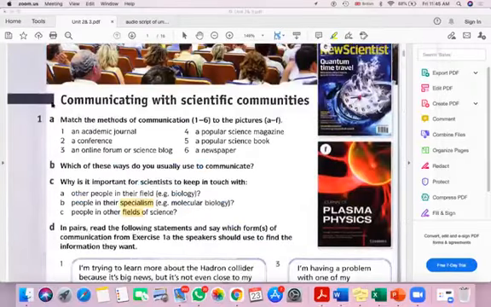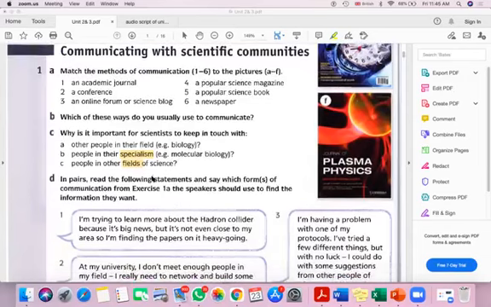So what is important in exercise 1A and 1C is mainly vocabulary and scientific expressions. To know what is the meaning of academic journal, to know what is the meaning of popular science, and so on. And here to know what is the difference between specialism and field.